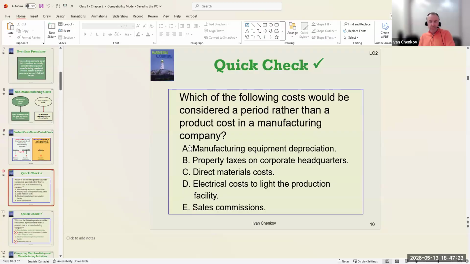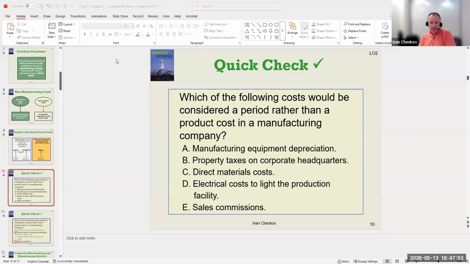Now, which of the following will be considered period rather than product cost in a manufacturing company? The idea here is that every time you see manufacturing or production, anything related to the main product the company is producing, that is always going to be manufacturing cost or product cost.